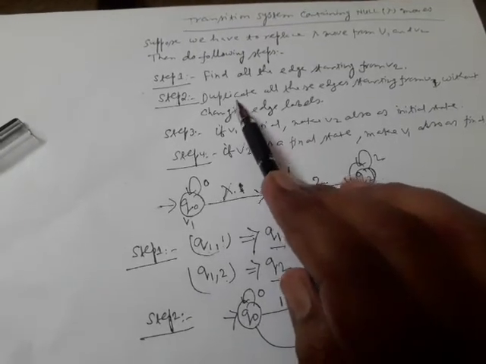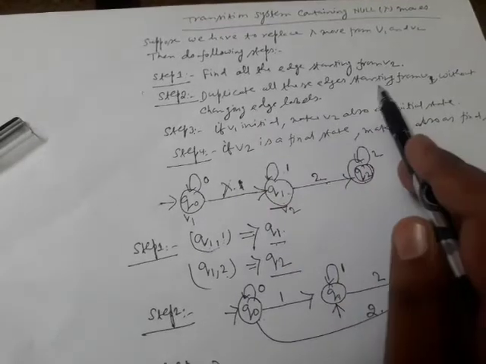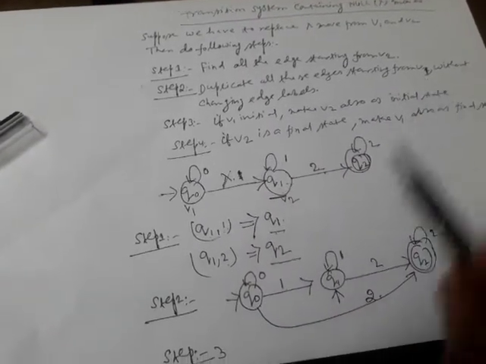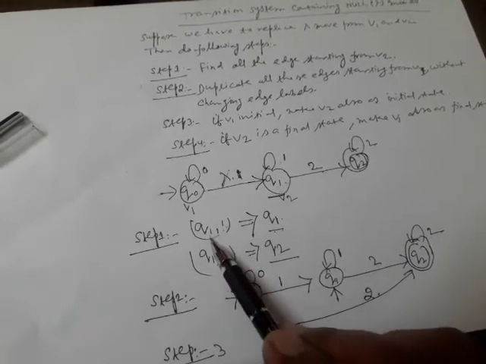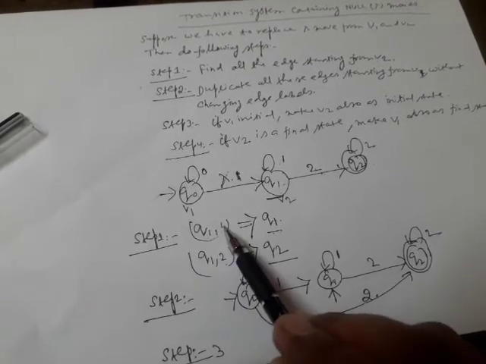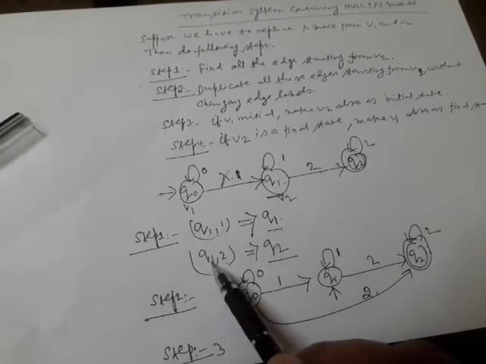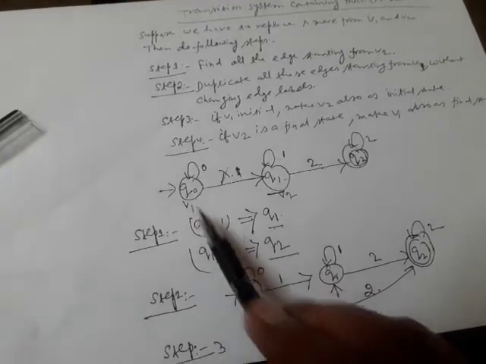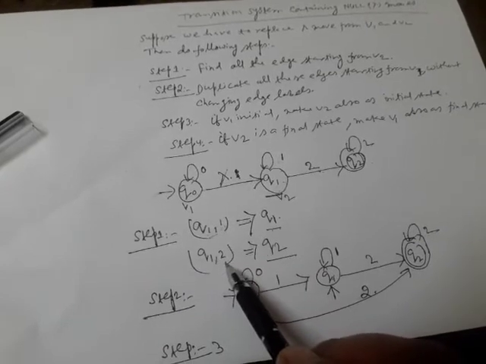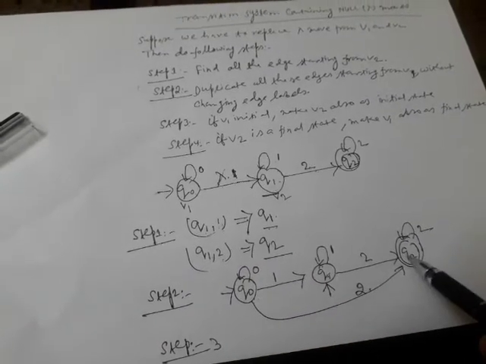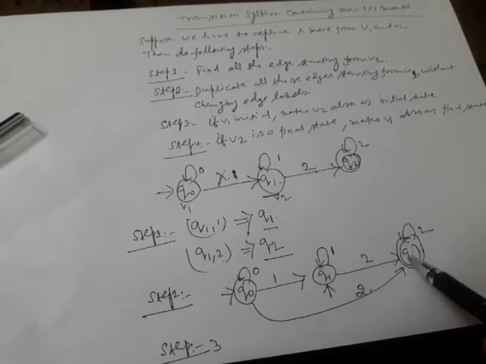Step number 2 says the same thing: duplicate all these edges starting from v1. Starting from v1 means q0 taking 1 goes to q1. Here we write q0 because the starting v1 is q0. q0 taking 2 goes to q2.